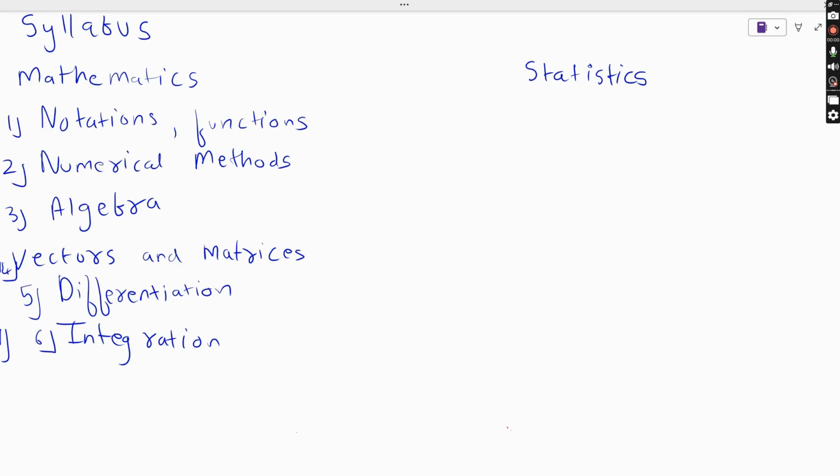They have a lot of differentiation and integration involved in them. So you need to be good at it, or I would say you need to practice differentiation and integration a lot.